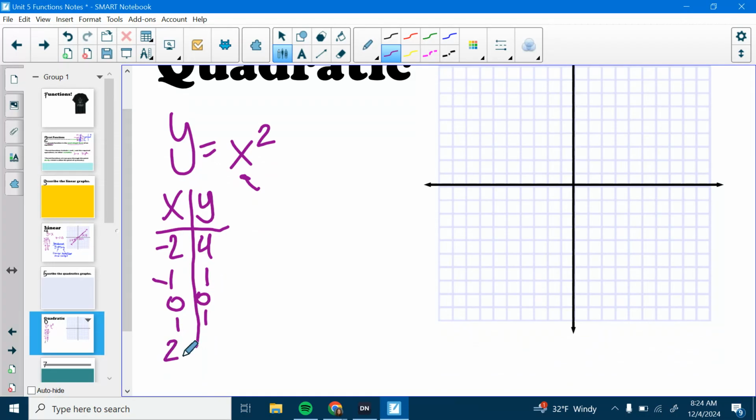And +2 would be +4. So notice how here I only have positive outputs for y values. Okay, that's kind of a big piece of it.